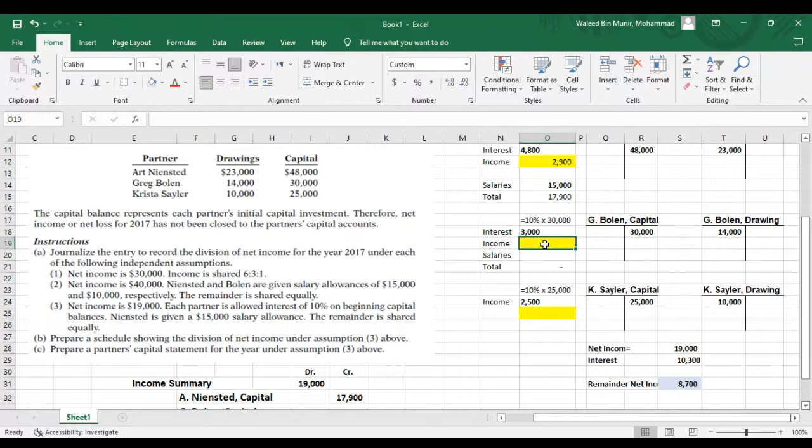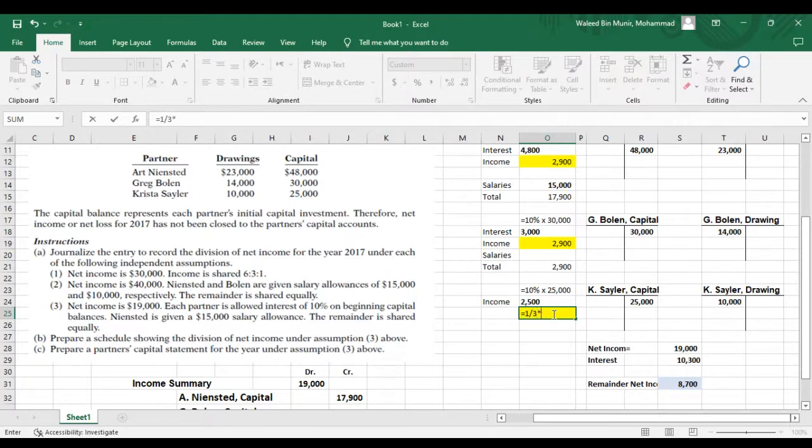For the second partner, he will get an income of 1 by 3 multiplied by this, and the last one, he will get an income of 1 by 3.